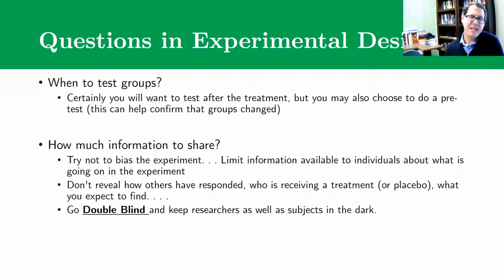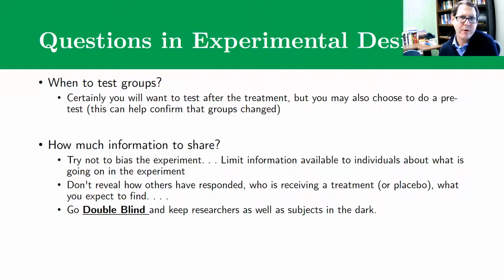And the reason for that is that you don't want that interaction to potentially look different if I think you're in the treatment group and I think you should be feeling better, or I interact with you differently because you're confirming my expectations about what should be happening in this study, and therefore I'm giving you that positive feedback.